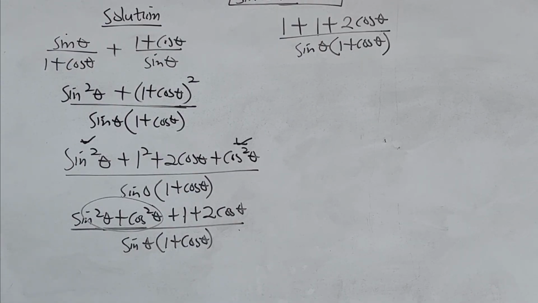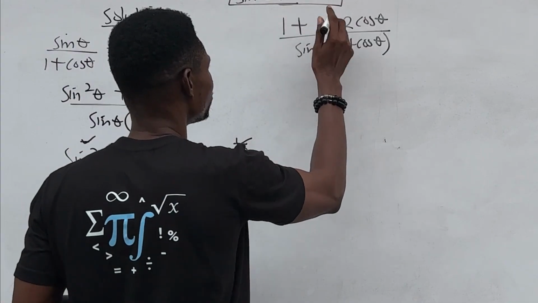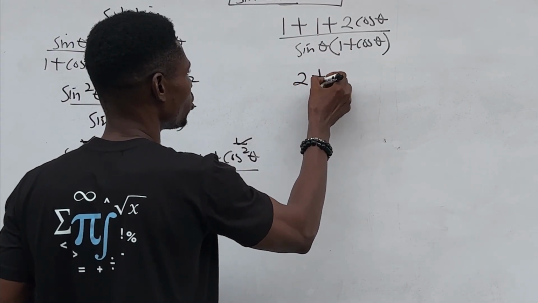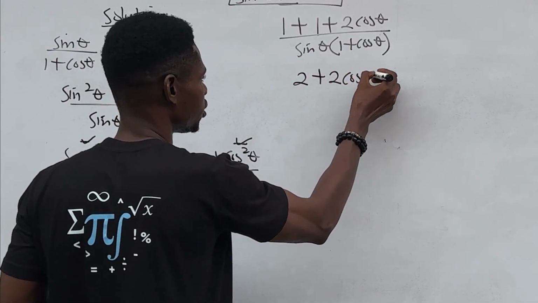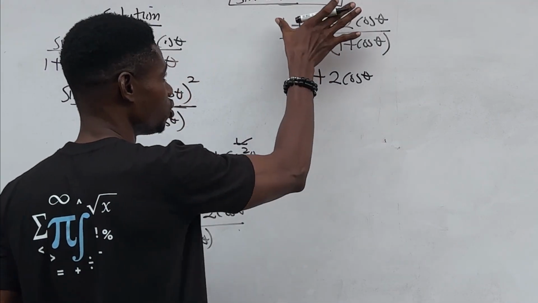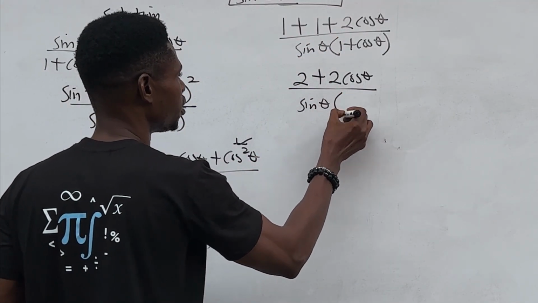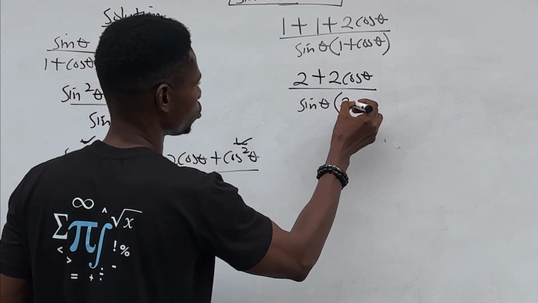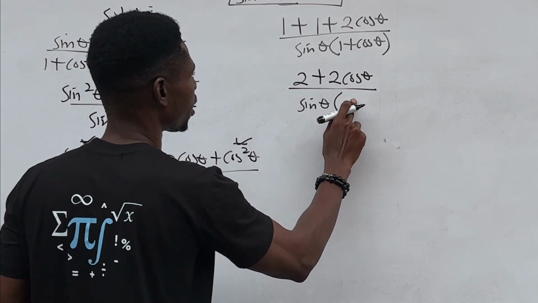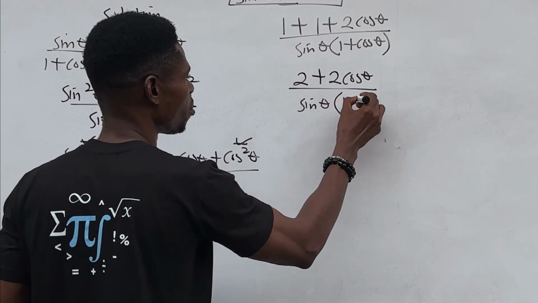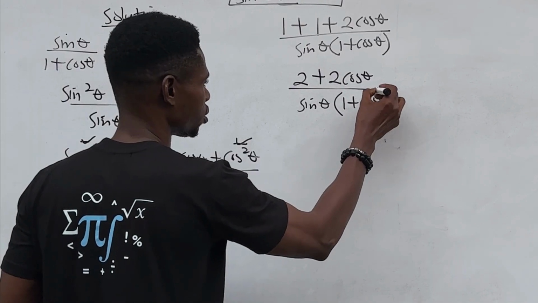Okay, so 1 plus 1 is obviously 2, so we'll have 2 plus 2 cos theta as our numerator over the sine theta denominator into 1 plus cos theta.